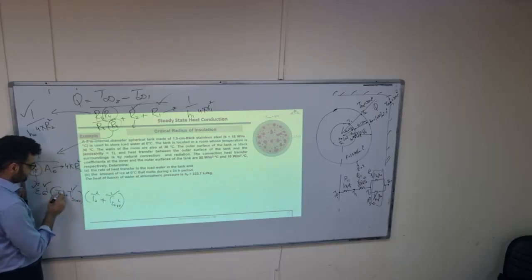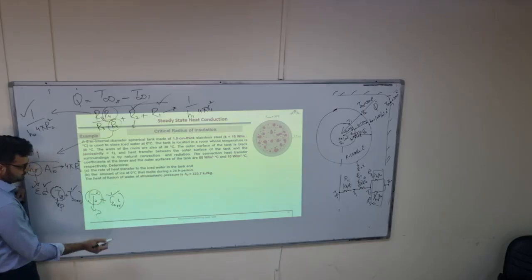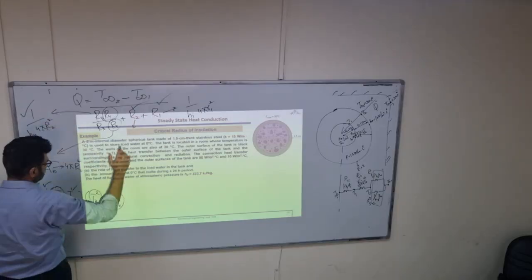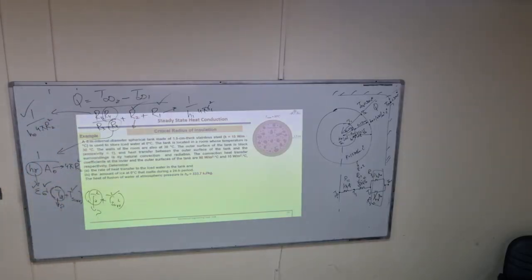T2, where is T2? T2 is not given. So now we have two unknowns in this equation, Q dot and T2. So here, what we can do, we can assume T2, because there is nothing else we can do.